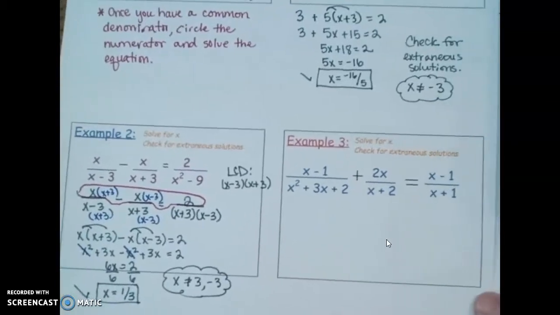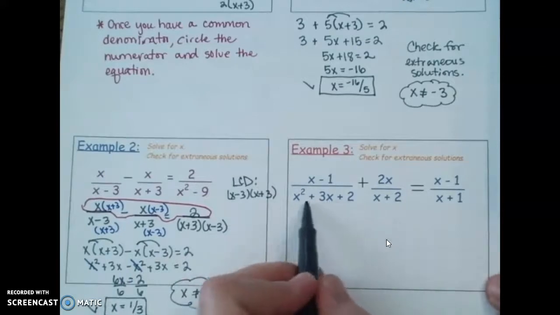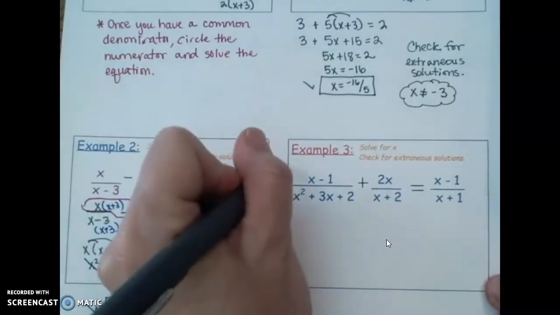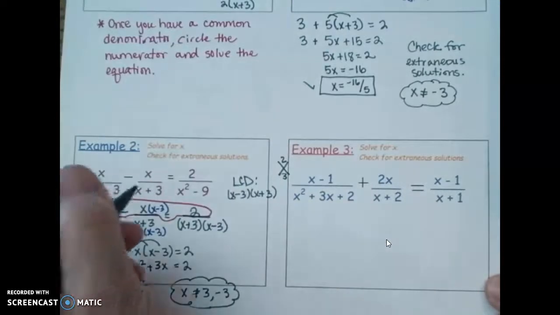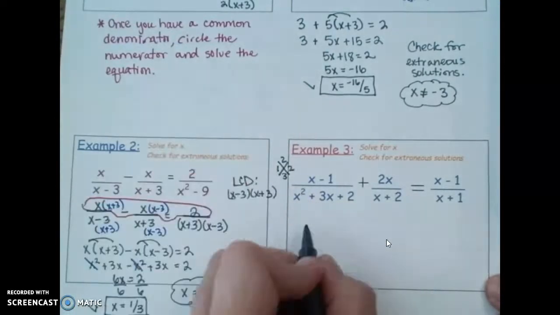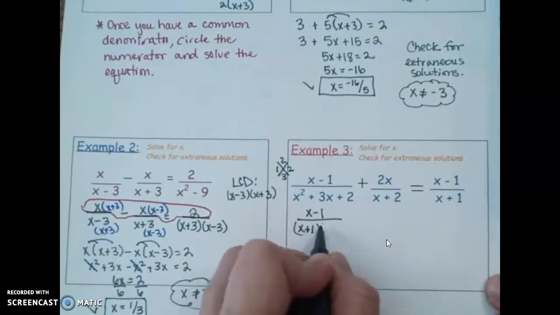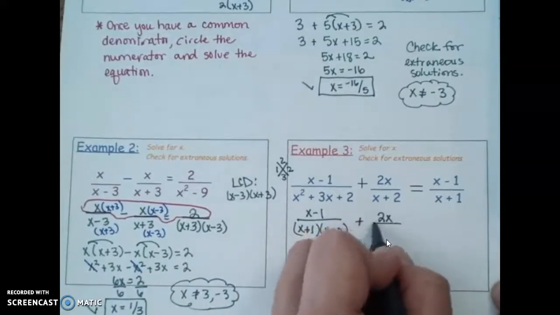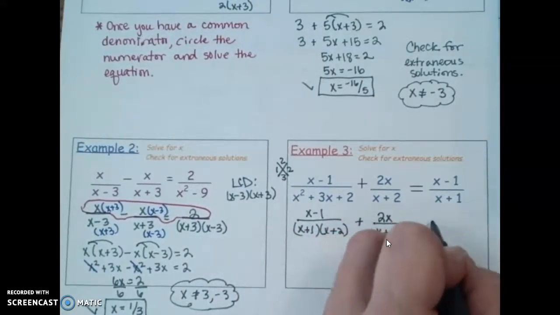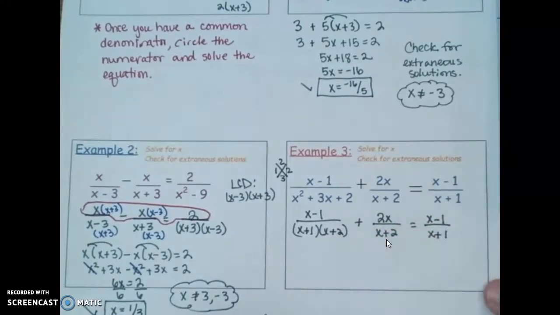Okay, so moving on to example 3. We need to do AC with this problem. So I'm going to come right here and I'm going to think factors of 2 that add to be 3 would be 1 and 2. So I'm going to rewrite that denominator as x plus 1, x plus 2, because we can do our shortcut there. And then nothing can be factored across.